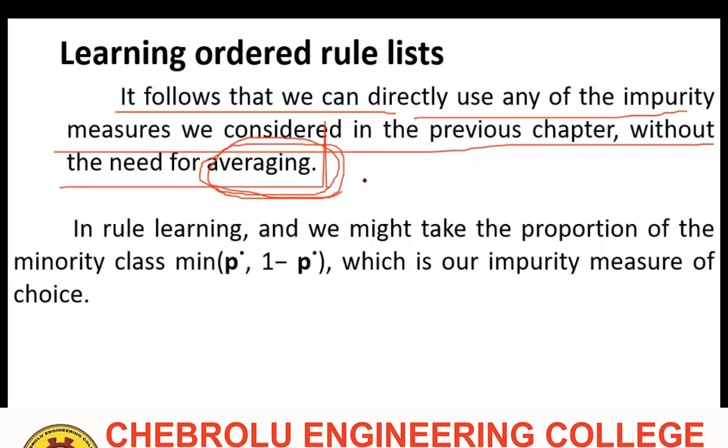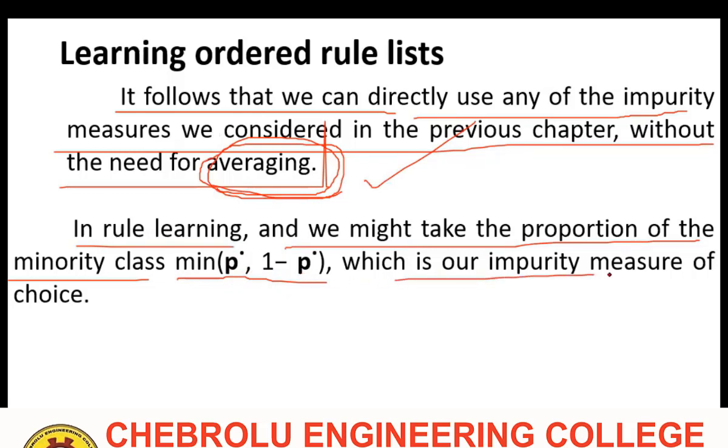Right. Now let us go on learning what is called rule learning. In rule learning, we might take the proportion of the minority class, min of p, 1 minus p, which is our impurity measure of choice.